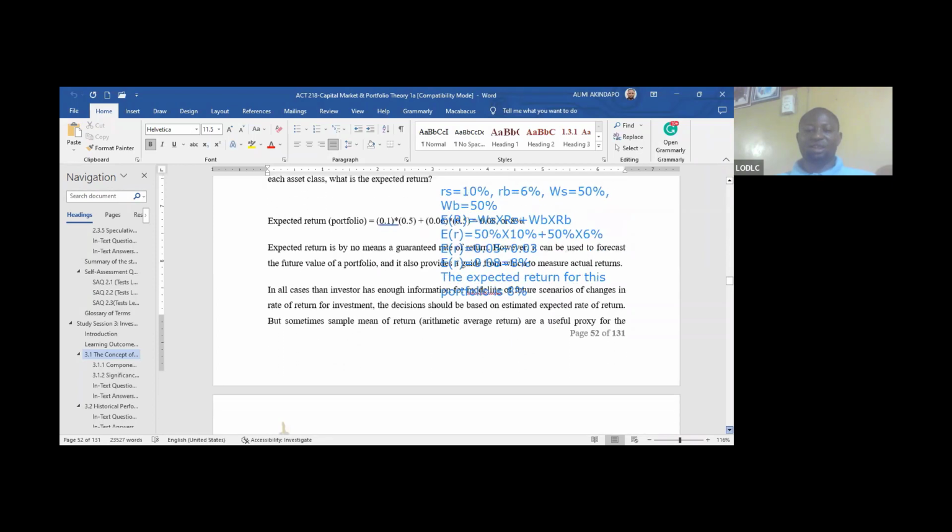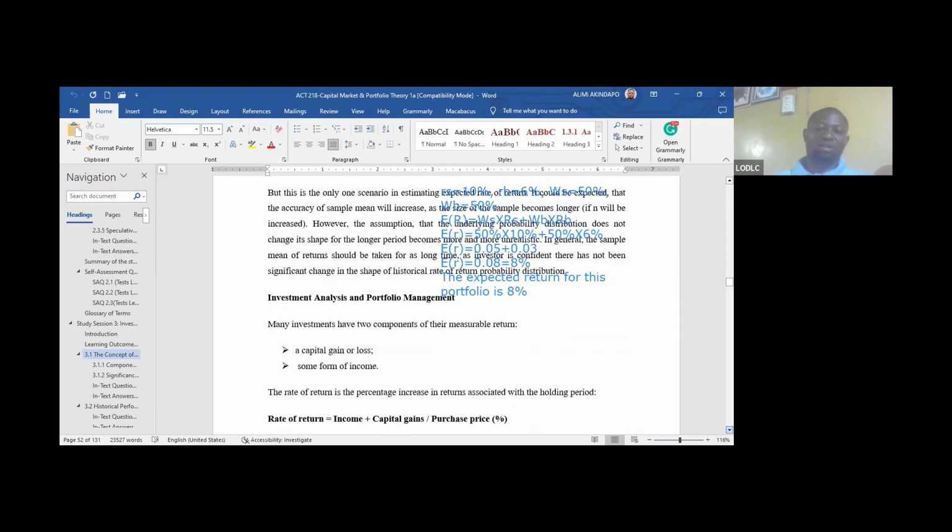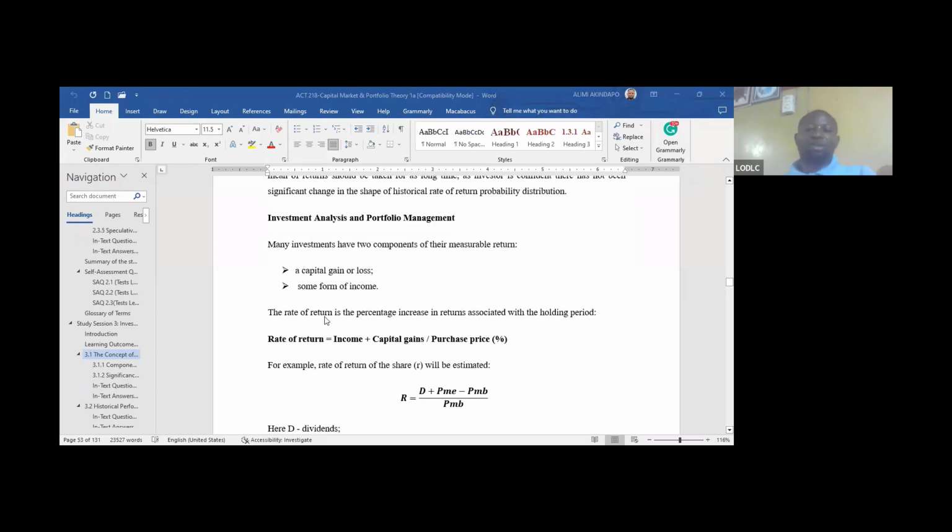Another interesting thing here, I've explained what investment return is all about. There we have investment analysis and portfolio management. Under the investment analysis, many investments have two components of their measurable returns. So we have a capital gain and we have some form of what? Income. So under this, the rate of return is the percentage increase in return as compared with the older period.